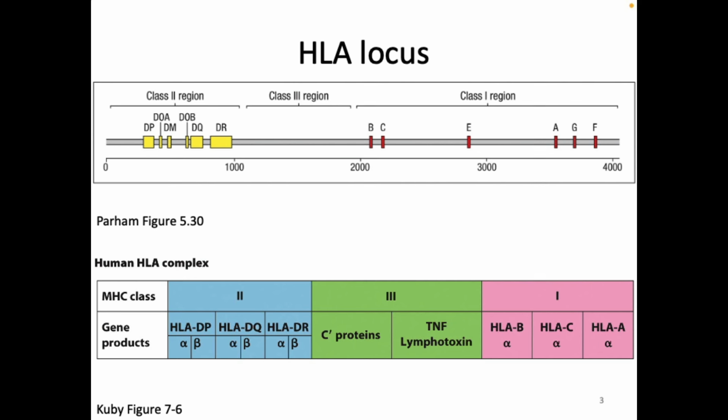In humans, the class 1s are known as HLA-A, HLA-B, and HLA-C, while the class 2 loci are known as HLA-DP, HLA-DQ, and HLA-DR.